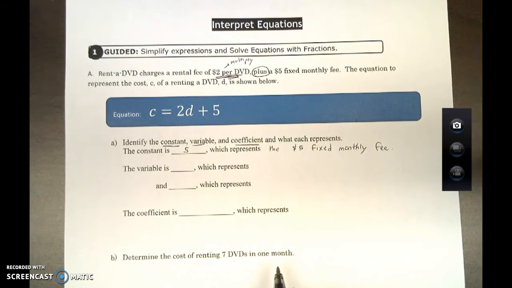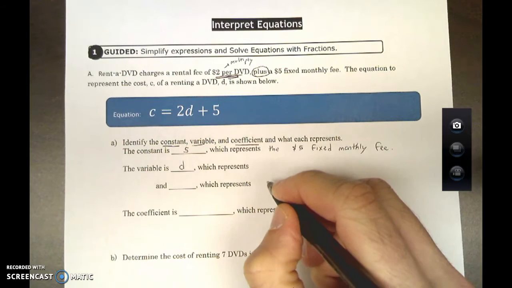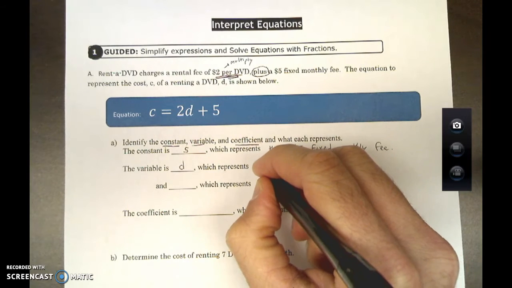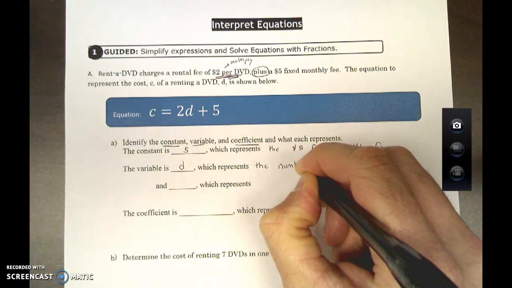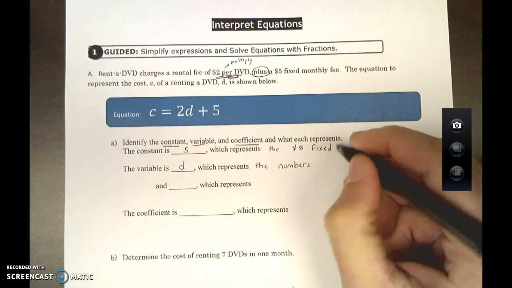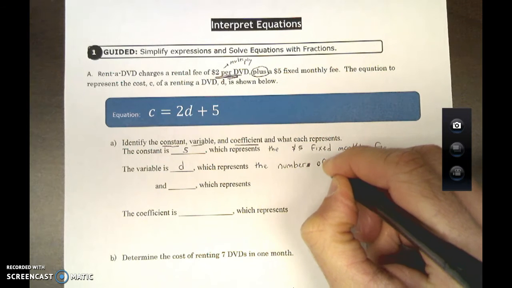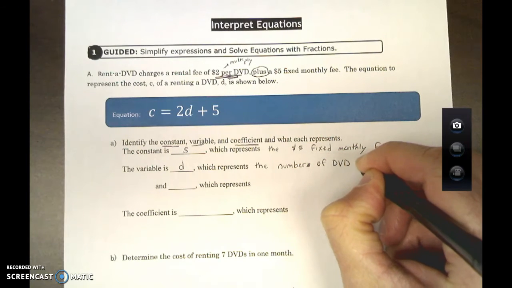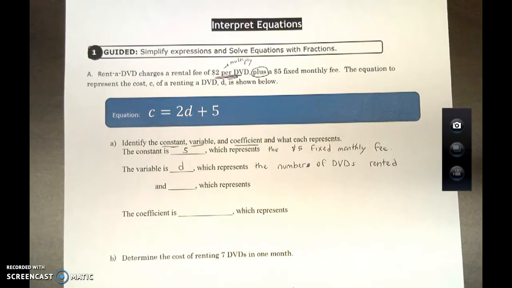There are 2 variables in this equation. There's the D variable, and D represented the number of DVDs that you rent or rented. The number of DVDs rented.